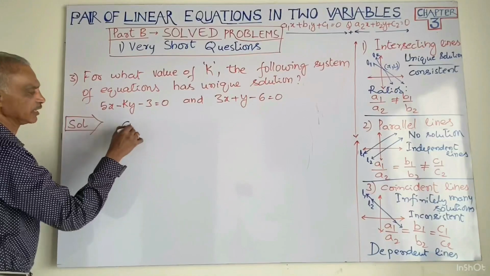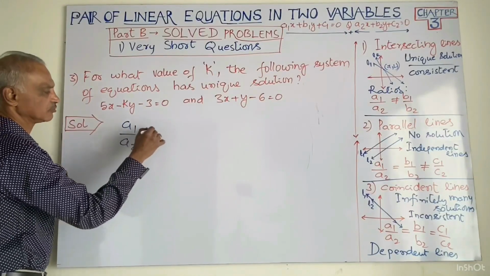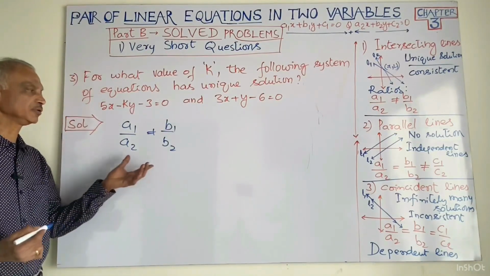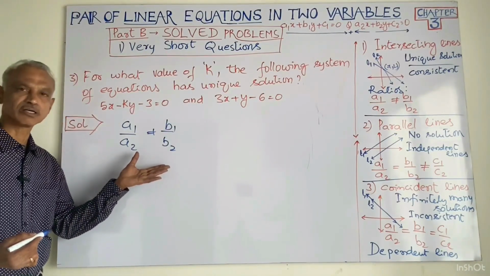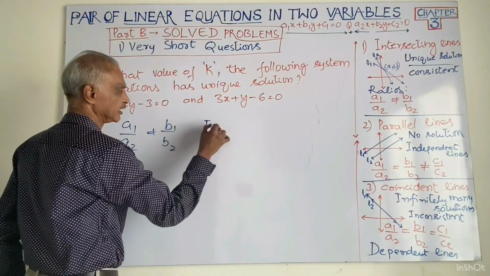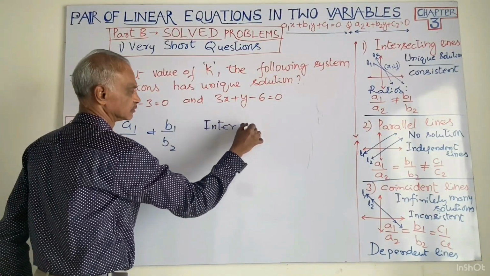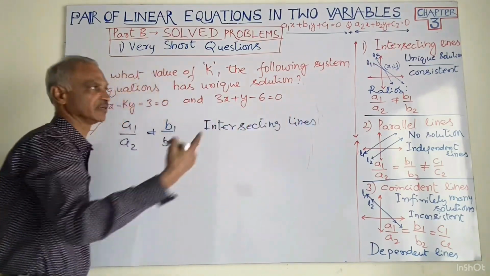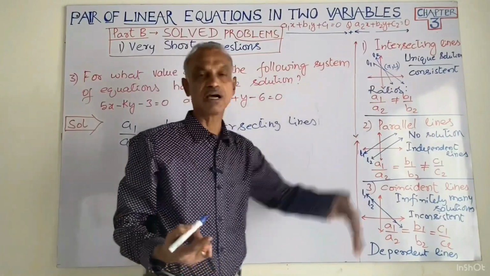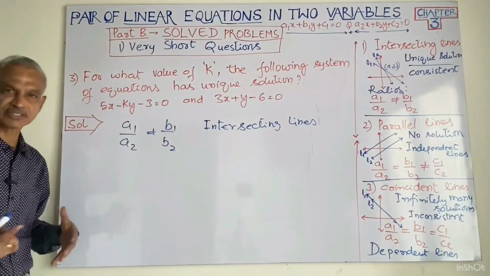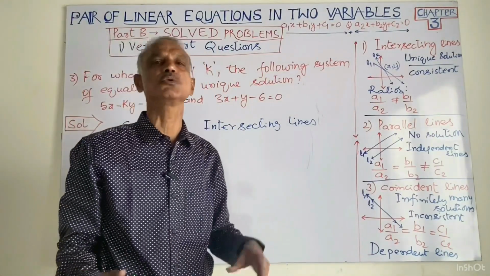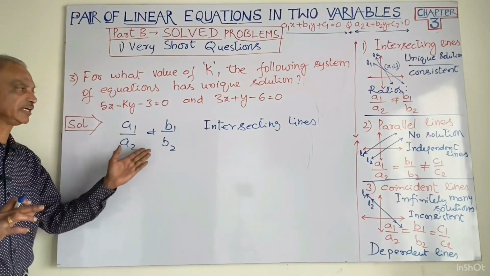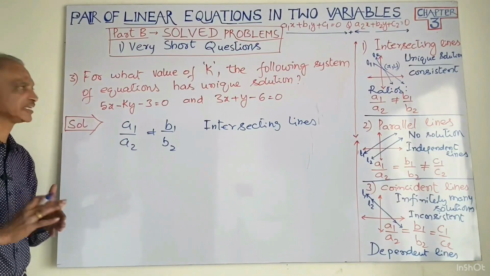They are intersecting lines, because what is given? These two equations have a unique solution, meaning only one solution. So the condition is that A1 by A2 and B1 by B2 are not equal to each other.